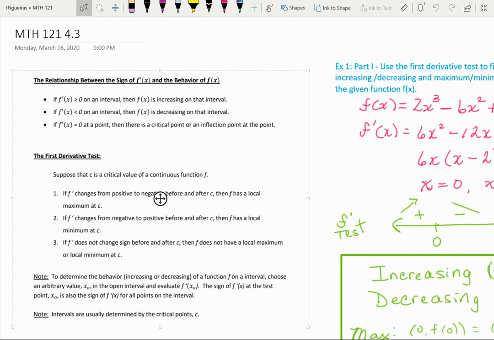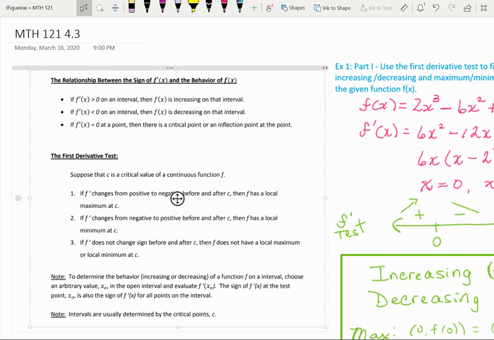And when it's equal to 0, that's where we find critical points, which could be either a maximum, a minimum, or possibly an inflection point. So remember that if you have a critical point, if the derivative changes from positive to negative to the left and right of that critical point, then you have a maximum.